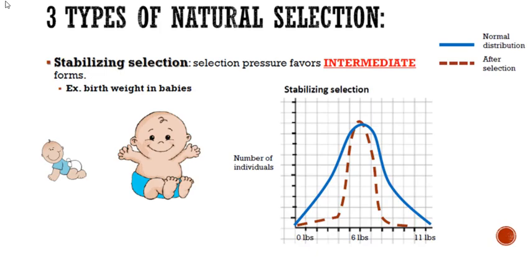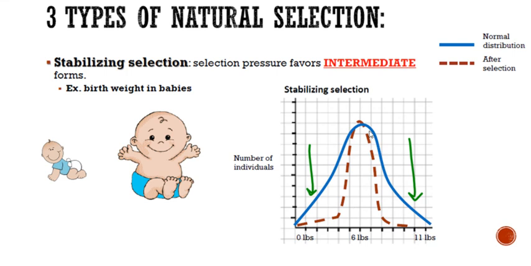Now regarding natural selection, we have 3 different types of natural selection. The first type is called stabilizing selection. This is where it is beneficial to be in intermediate form. So if we look at babies that are too heavy or too light are selected against.